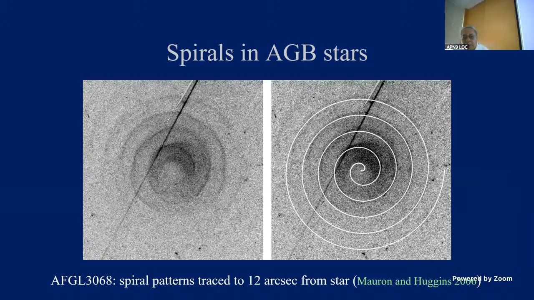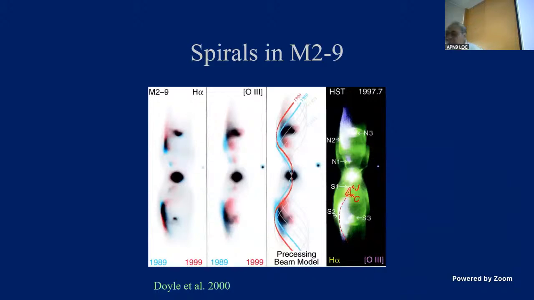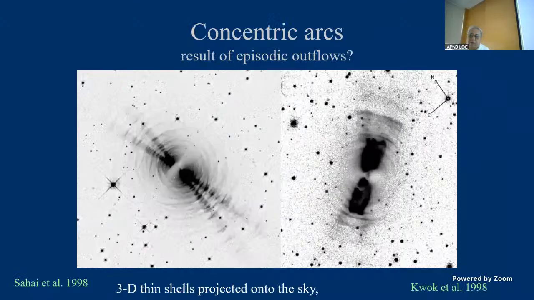So are these spirals related to these precessing flows that we see in the later part of planetary nebula evolution? This link is still yet to be established. I mean, the most famous example, again, is the spirals in N29, where consecutive imaging showed the movement of the spirals.